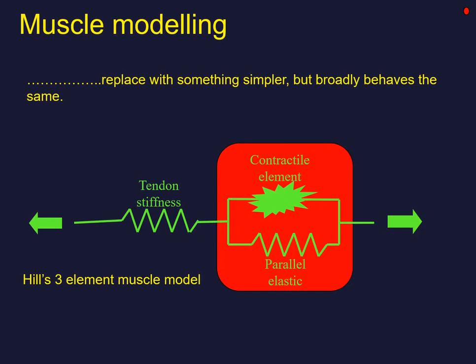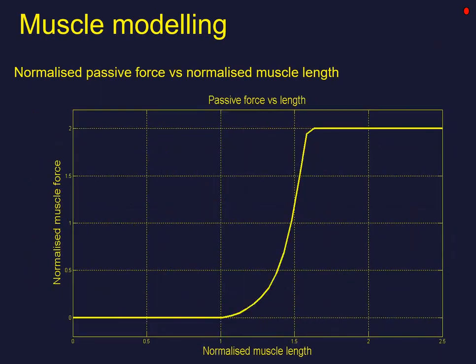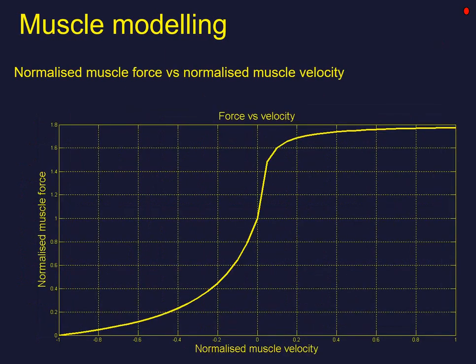This is Hill's 3-element muscle model. We can also modify the muscle force generating capabilities as a function of its active length, how much passive force is going through it, its nonlinear stiffness, and its contraction rate. All of these affect the amount of force that the muscle can generate.